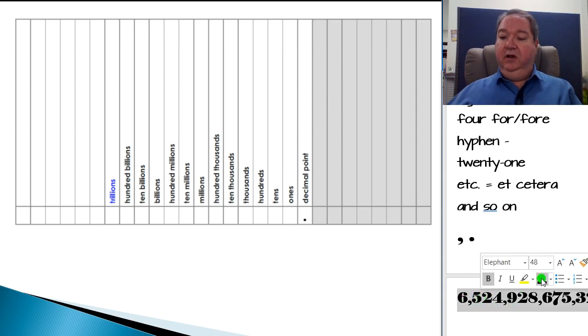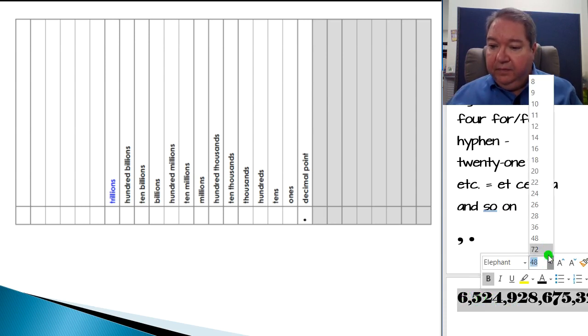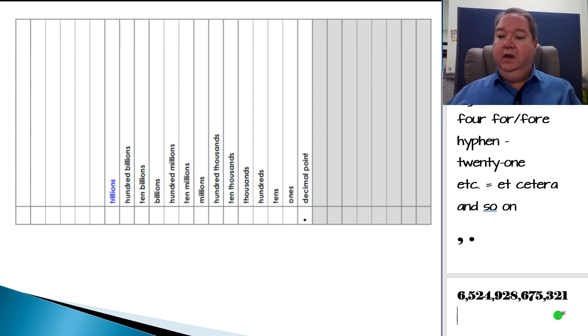Need to make my font smaller again. So if we look at this, what I always do is I always just kind of scan it and see how big this actually is, because that's getting rather large. So this would be thousands, millions, billions, trillions. So 6 trillion, 524 billion, 928,675,321.